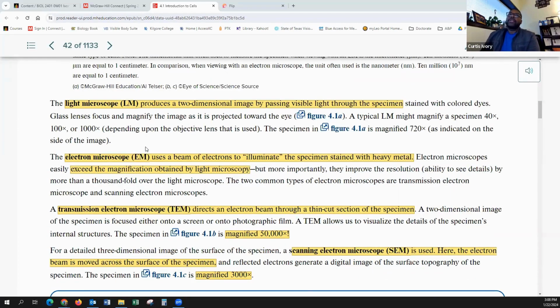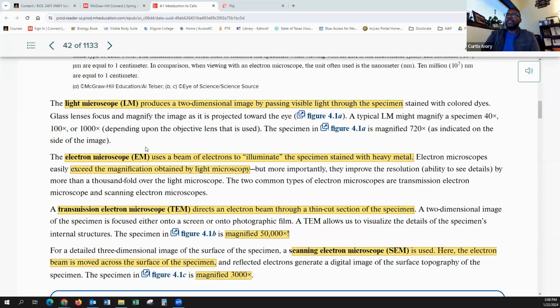With light microscopes, which is typically what we use in lab, they only produce a two-dimensional image by passing visible light through the specimen, like I said earlier. An electron microscope just uses a beam of electrons to illuminate a specimen. Basically, it shines essentially a bright light on it, and it gives us an idea of what it looks like on the surface.